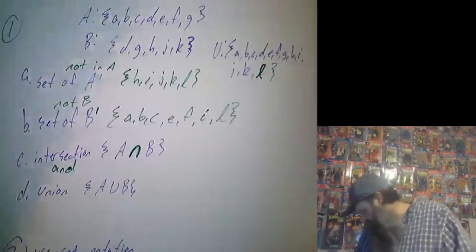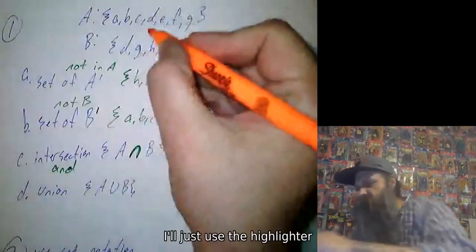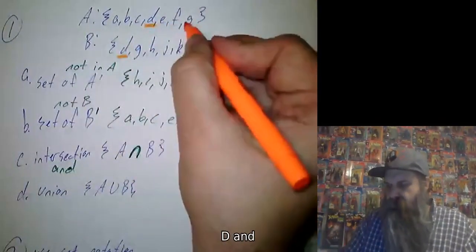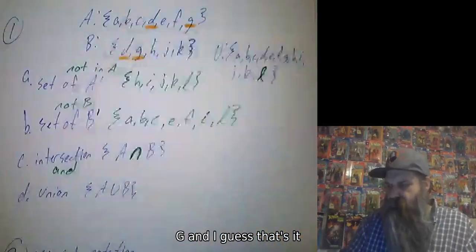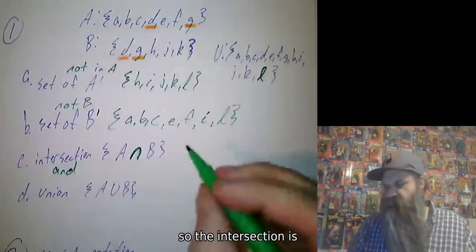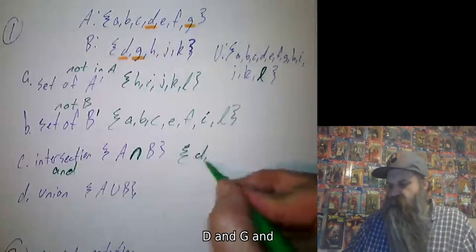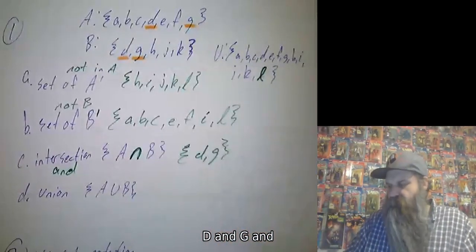And so here, I'll just use the highlighter. D and G, and I guess that's it. So the intersection is D and G.